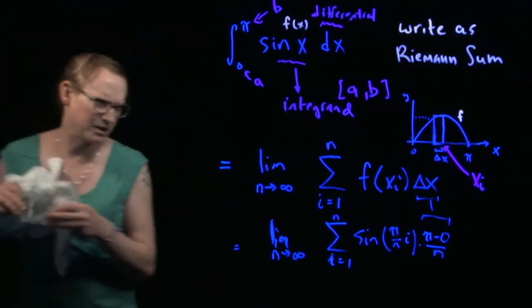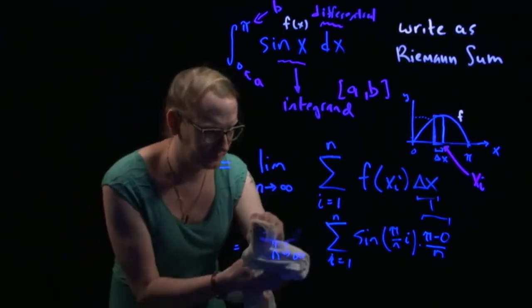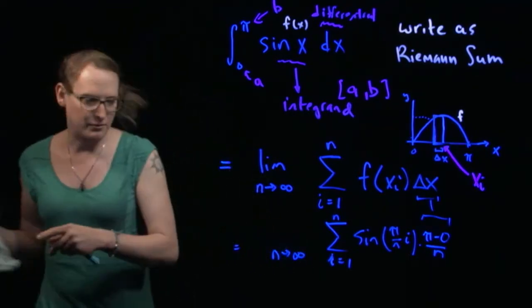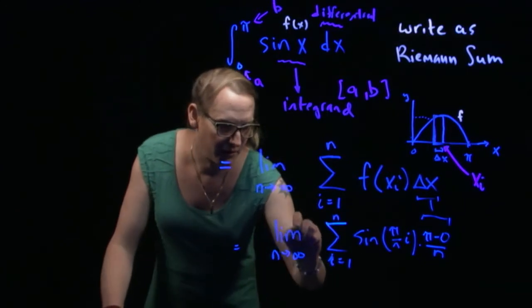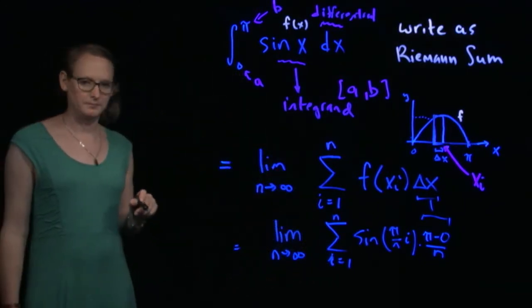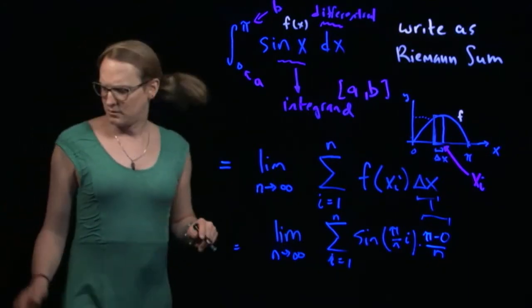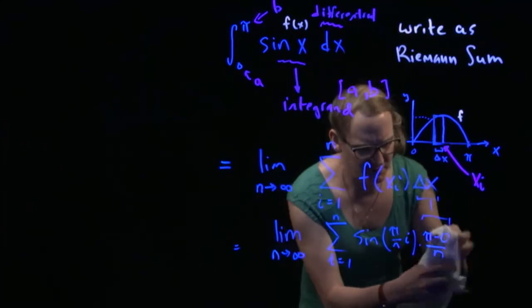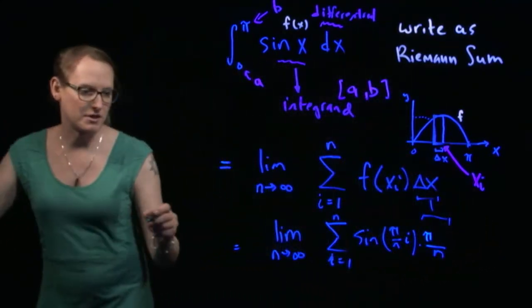That is a really atrocious limit, isn't it? If I could take a magic pill that would give me better handwriting, I would totally do it. There we go. Let's eliminate this minus 0 here also. There we go.